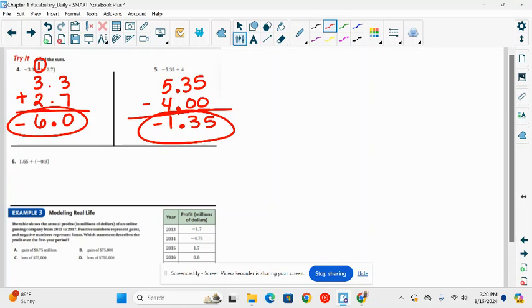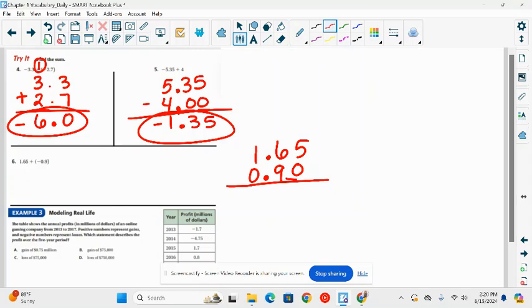Alright, y'all try number 6. We're going to plant the decimals. We're going to add or subtract them.